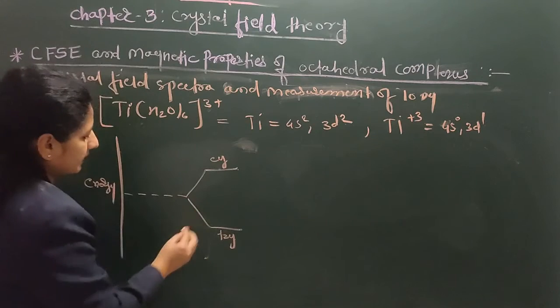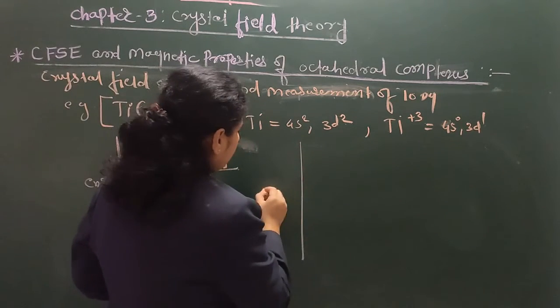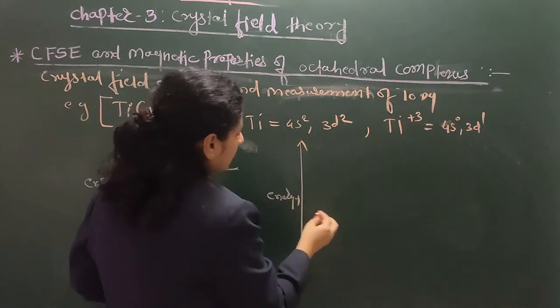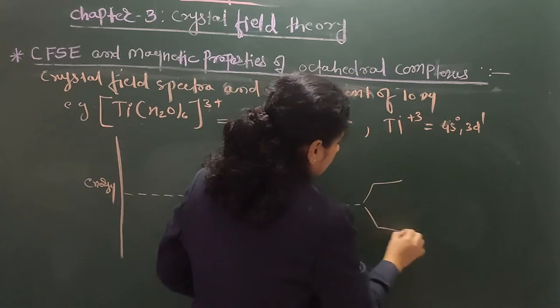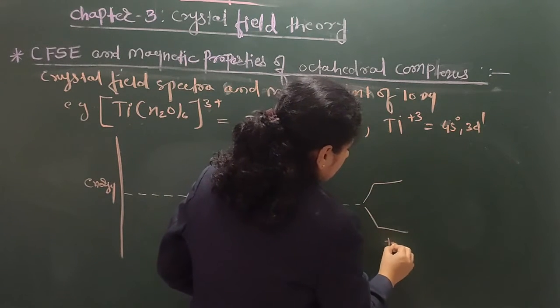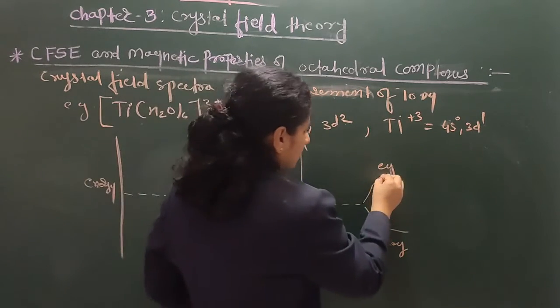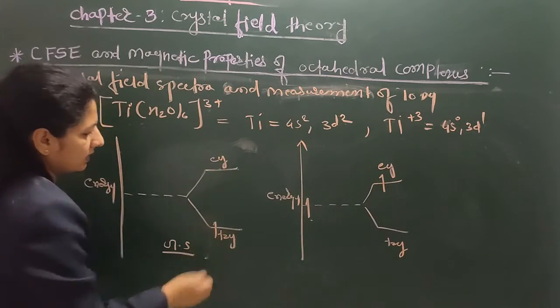This is the ground state, GS, and the same one here we can write for the energy level diagram of the excited state. So here this is T2g, here Eg. As we know that Eg has a higher energy, one electron will be here in the excited state, and in the ground state the one electron is here.